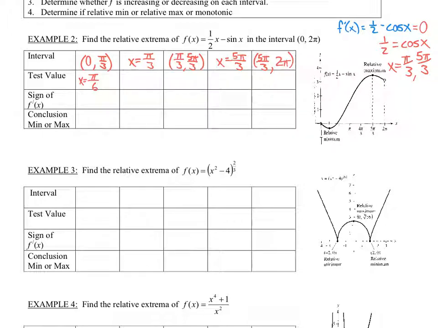What's the sign of the derivative? Well, the derivative is 1/2 minus cosine of x. Let me erase this a little bit. I'm doing f prime of pi over 6. So that's going to be 1/2 minus, what's cosine of pi over 6?